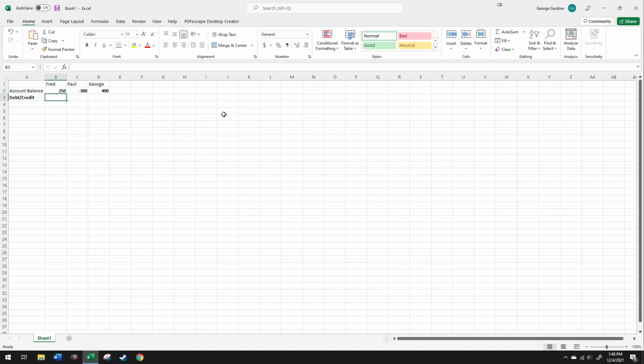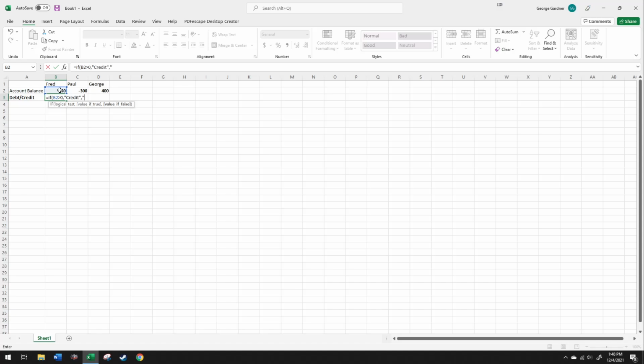So what we're going to do is equals IF, the logical test: if this value is positive, if it's greater than 0, then the value if true, and we use quotations if we want words. You don't need to do this if you're doing a numerical output. So if it's greater than 0, then he has credit.